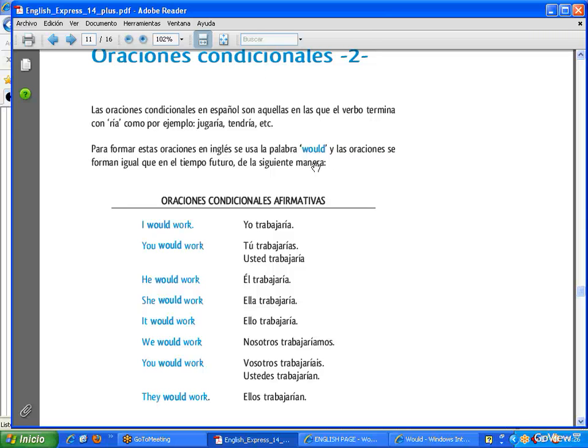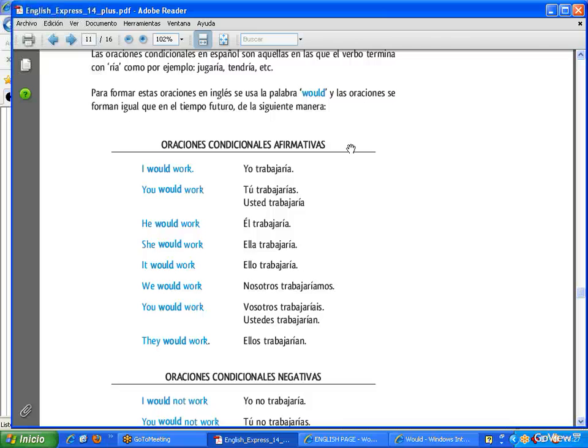Now, like will, it's not immediately translatable into Spanish. So we use a conjugation in Spanish as with the future of the modal auxiliary verb will, but here we use haría.